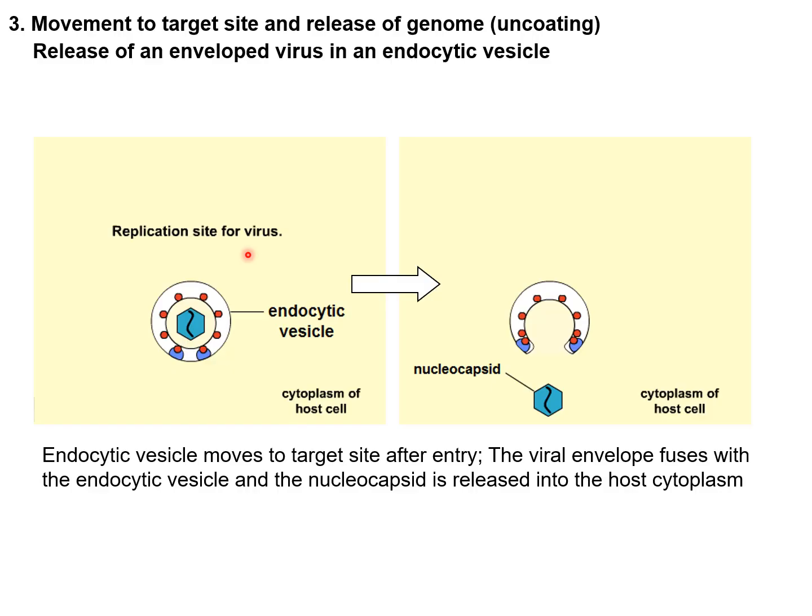In this case, this is an enveloped virus. Again, this is a lipid bilayer membrane, and the endocytic vesicle is a lipid bilayer. And so what happens is we'll have a fusion of the viral envelope with the endocytic vesicle, and then your nucleocapsid is released into the host cytoplasm.